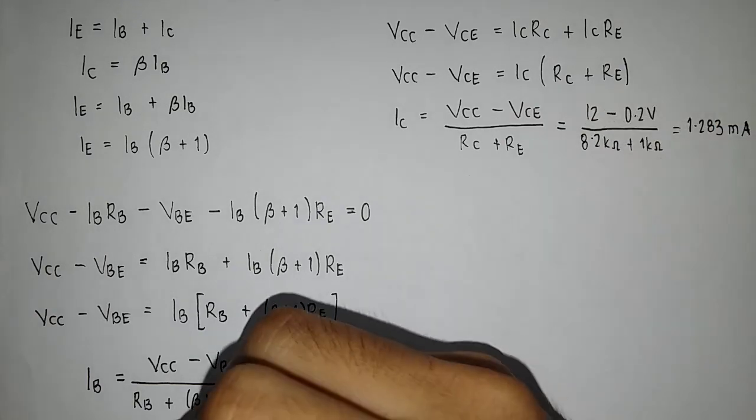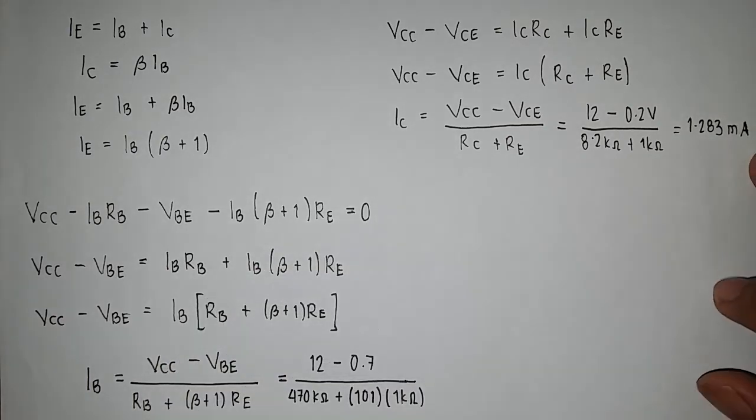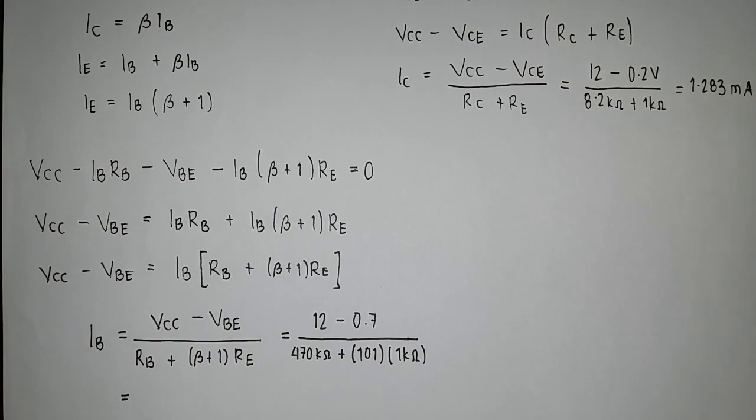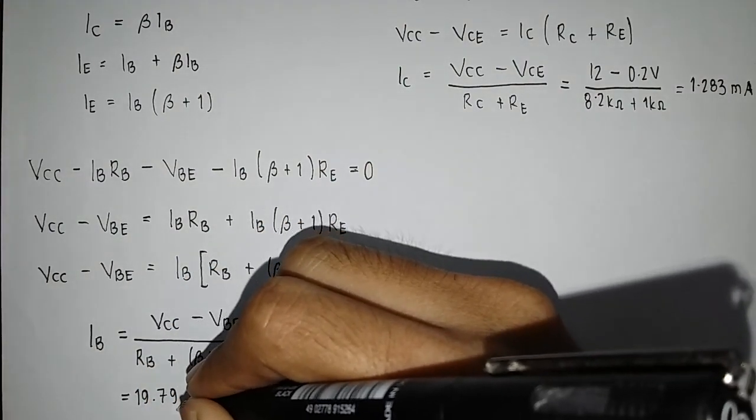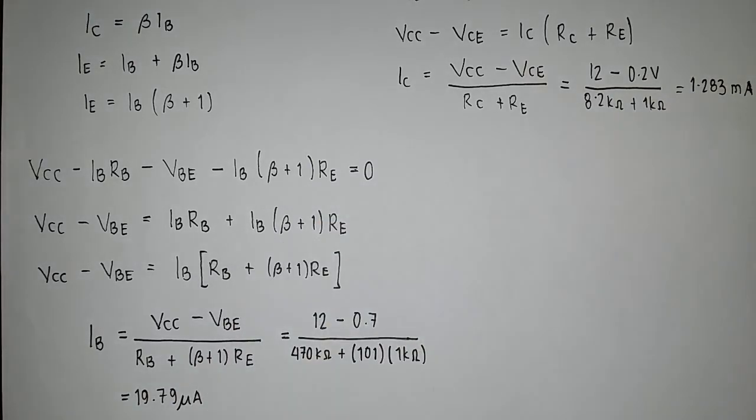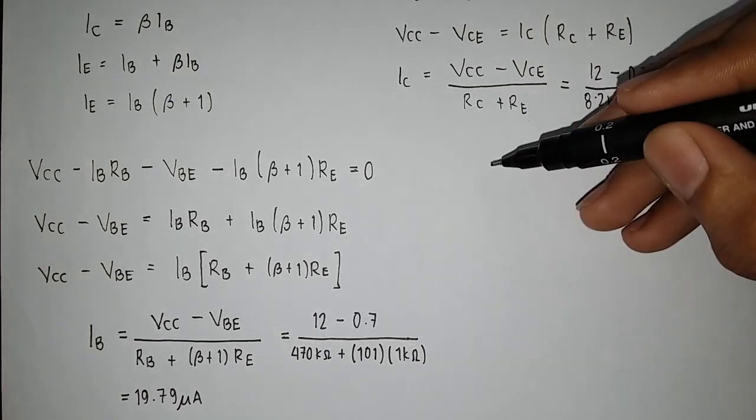So, dito, nakuha natin ang value ng IB or the base current is equal to 19.79 microamperes.